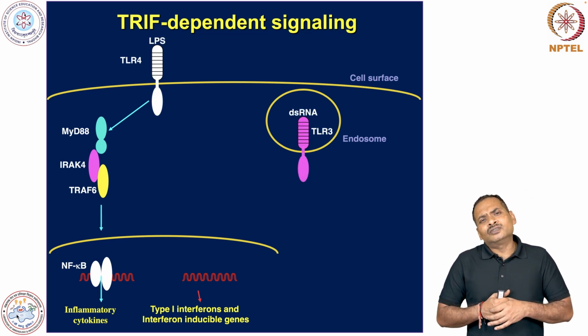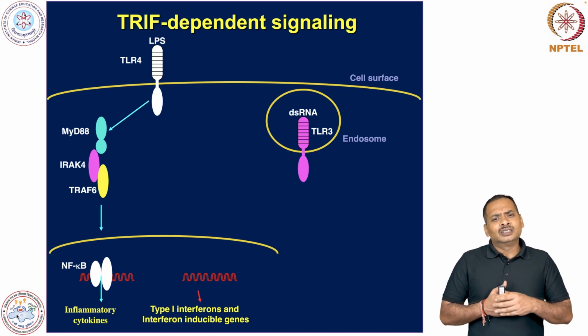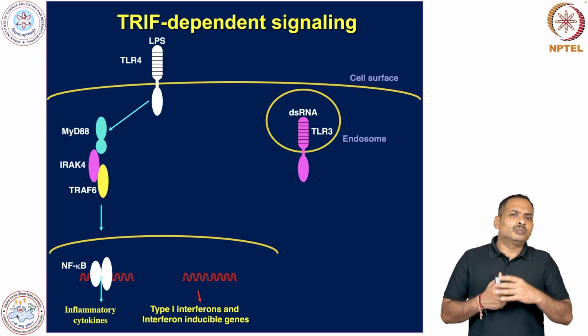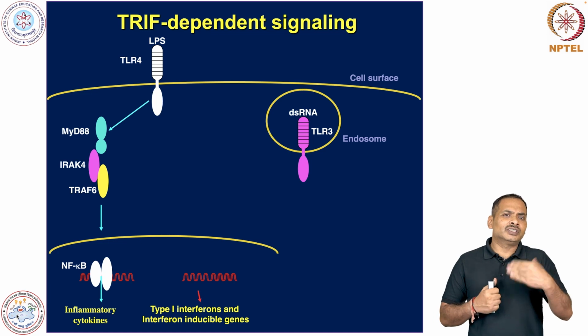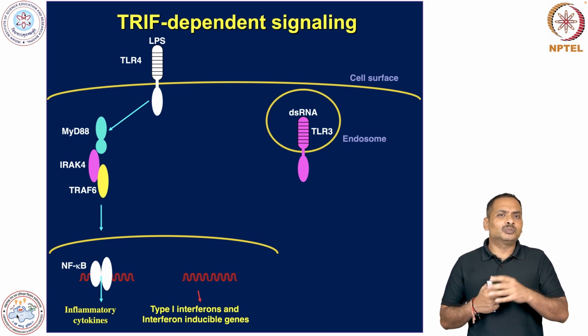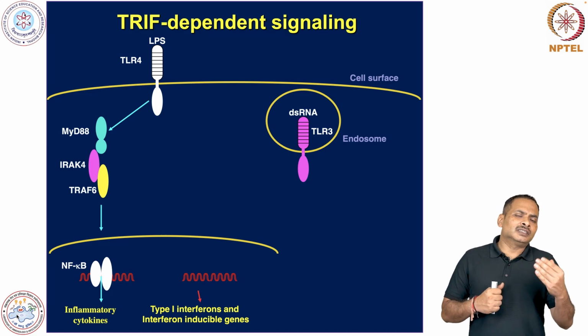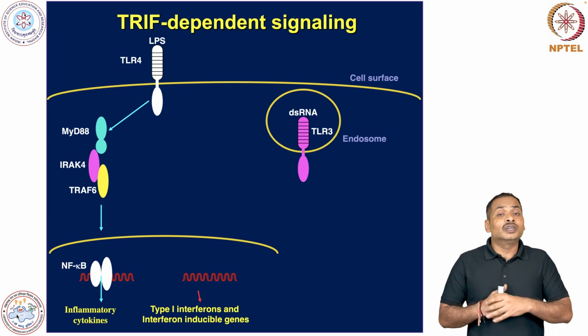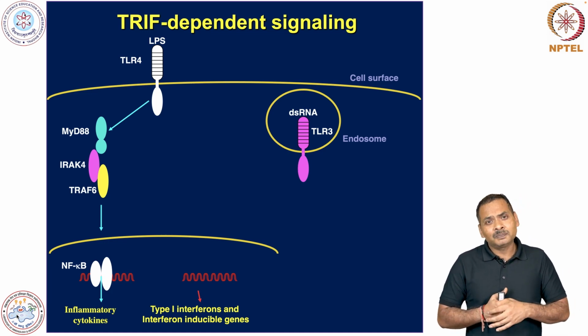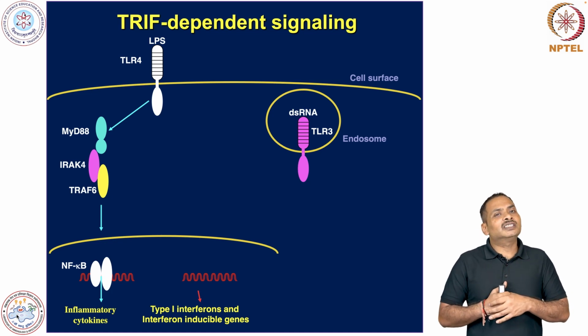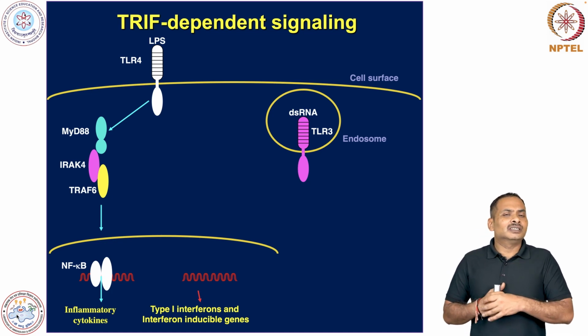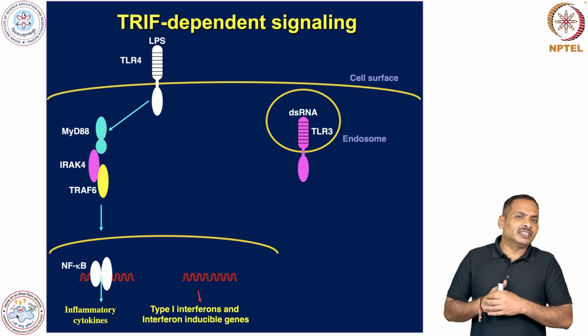Upon sensing of this double stranded RNA molecule or poly-IC, which you have seen in the previous session, poly-IC is basically a polymer of inosine and cytidine. This polymer of inosine and cytidine we use as a double stranded RNA.